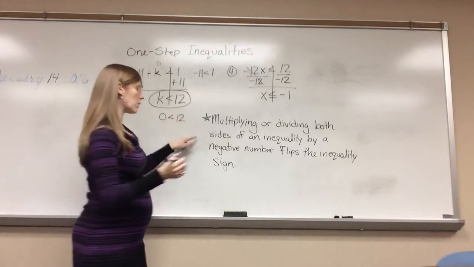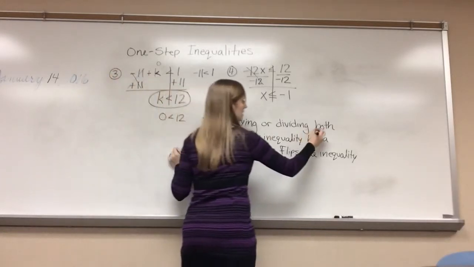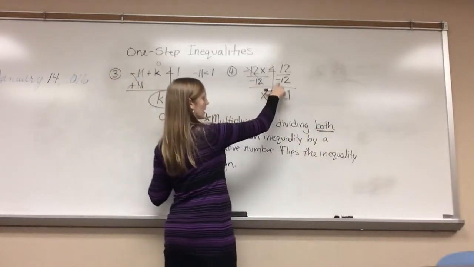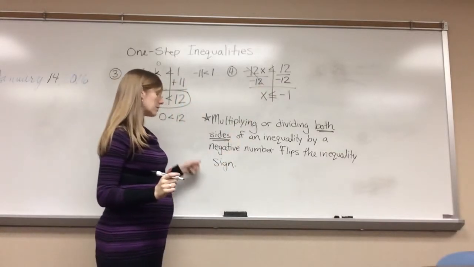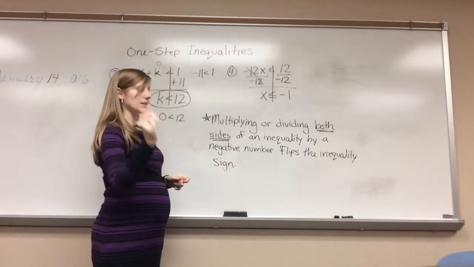Multiplying or dividing both sides. It has to be on both sides. If both sides don't have that negative, you don't flip it, okay? But both sides of an inequality by a negative number, it flips the inequality sign.